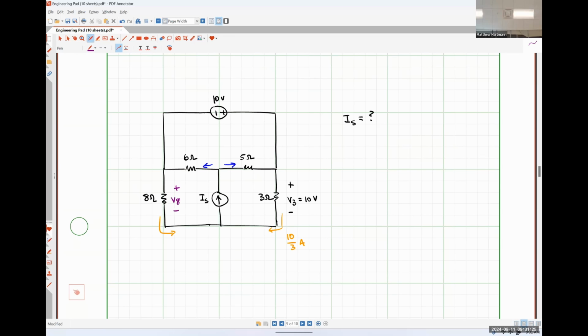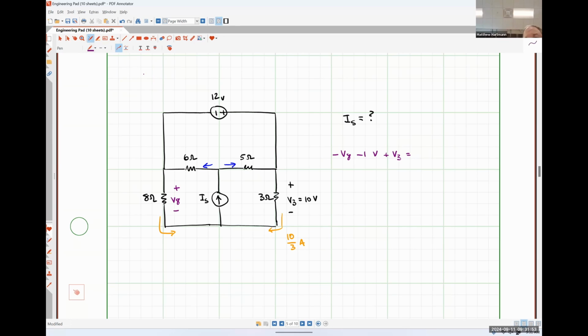So if I write a Kirchhoff's voltage law equation around the outside, I will have negative V8 minus 10 volts plus V3. We're gonna make that 12 volts up here. I did it again, and I accidentally gave myself a 0 voltage. I gotta pay more attention. Sorry about that. Let's call that 12.